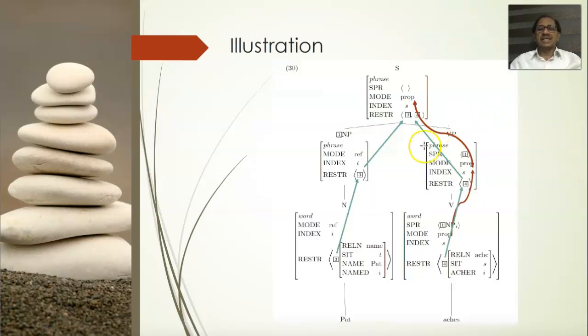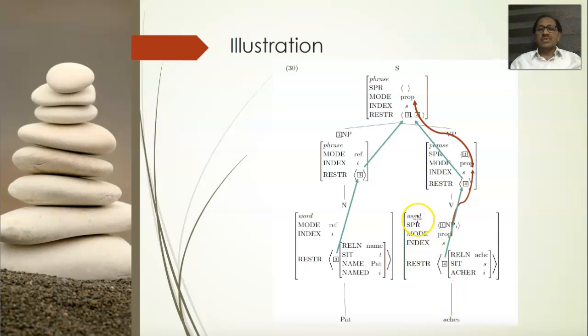Here is a sentence. The sentence is Pat aches. Aches is a verb. Pat is a noun. So Pat is a noun phrase and aches is a verb phrase. Aches has the semantic feature set here. We are not going to look at syntax here. We are looking at only the semantic feature structure.